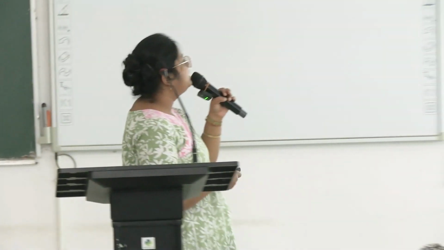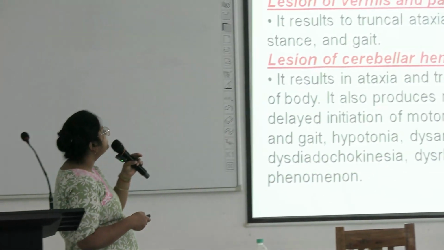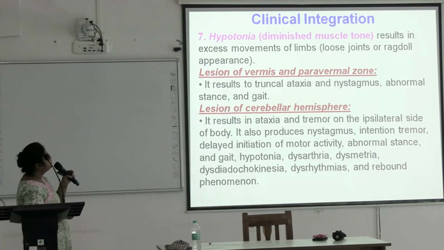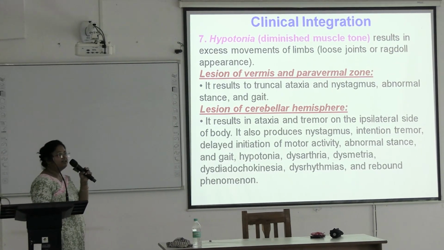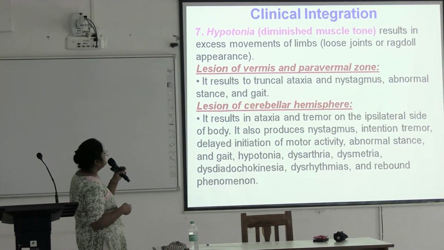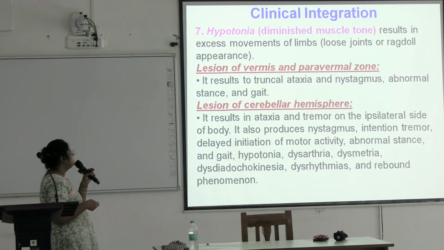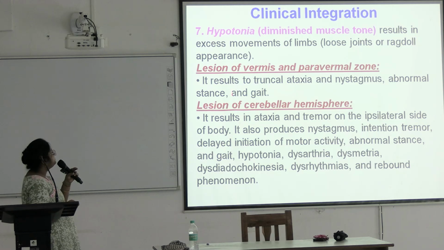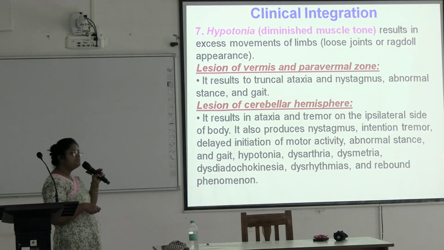Next is hypotonia. It is diminished muscle tone, which results in excess movement of the limbs. They are due to loose joints or ragdoll appearance. Next is lesion of the vermis and paravermal zone, which results in truncal ataxia and nystagmus, abnormal stance and gait. Next is lesion of the cerebellar hemispheres.